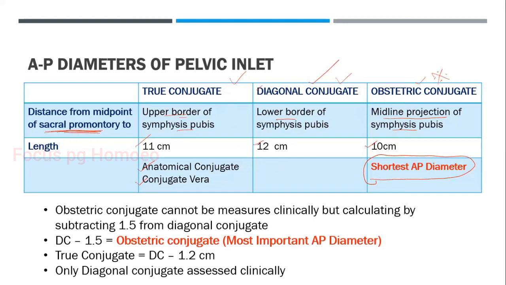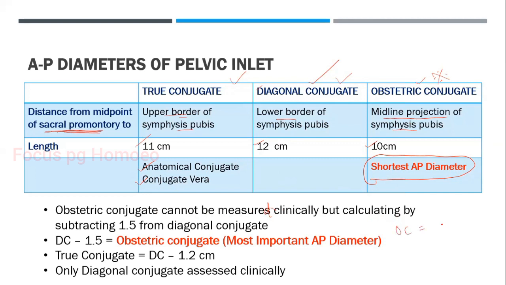Which antero-posterior diameter can be calculated on clinical examination? It is only the diagonal conjugate. Based on the diagonal conjugate's measurement, we calculate the true conjugate and obstetric conjugate. So the obstetric conjugate cannot be measured clinically, but is calculated. How is the obstetric conjugate calculated?